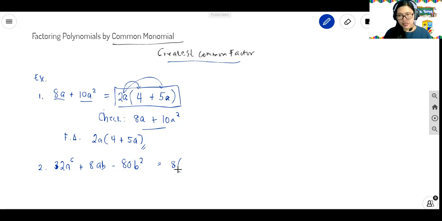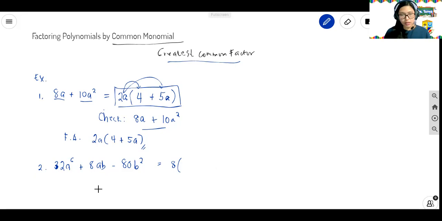Now, in this case, in the three terms, there are no common variables. If you tell me, Miss Tanya, there is a in 32a to the 6 and 8ab, yes, you are right. But if you look at 80b squared, there's no a there. That means it's not a common term for them.